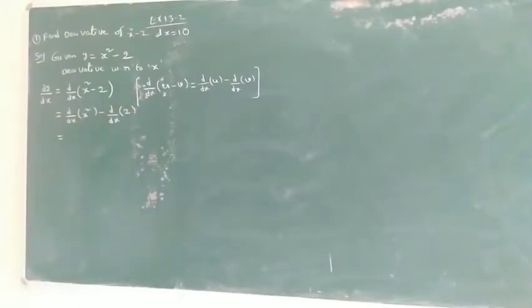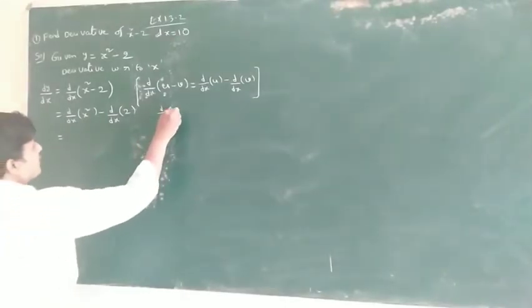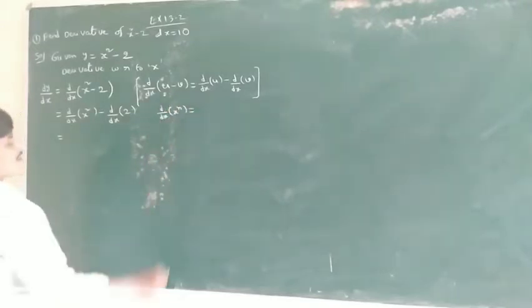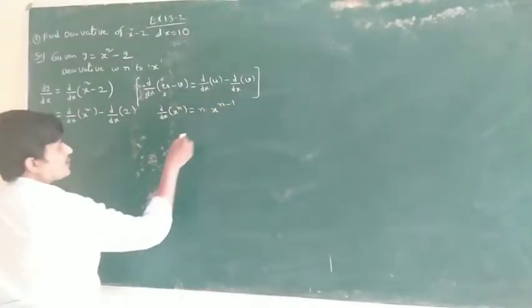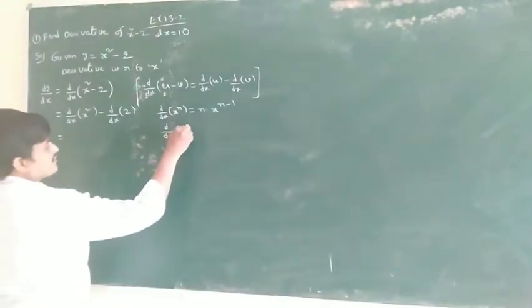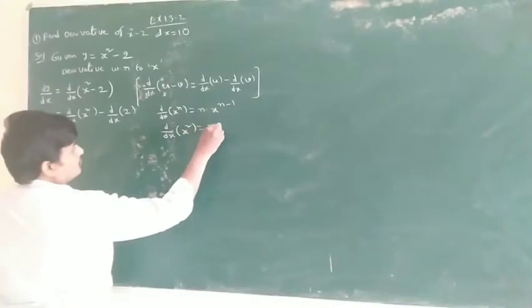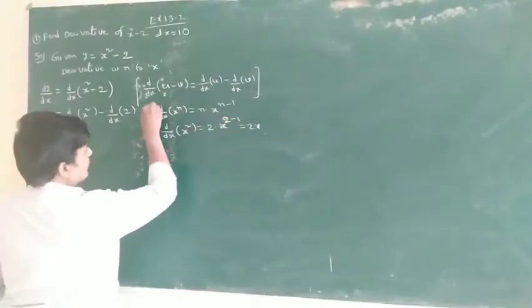Derivative of x square. Derivative of x power n formula: n into x power n minus 1. So d by dx of x square is 2 into x power 2 minus 1, which is equal to 2x.